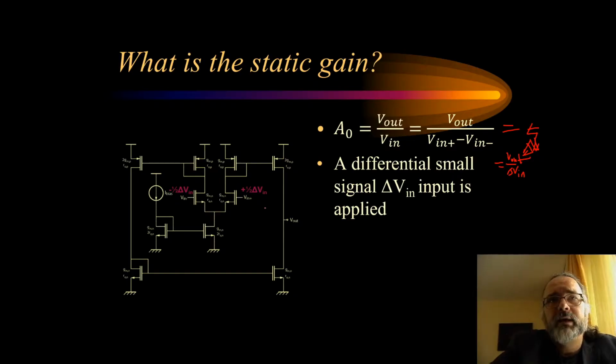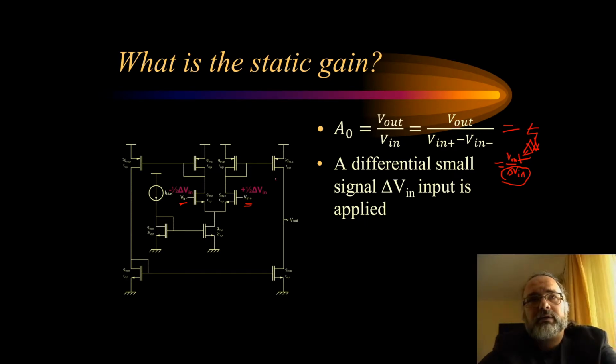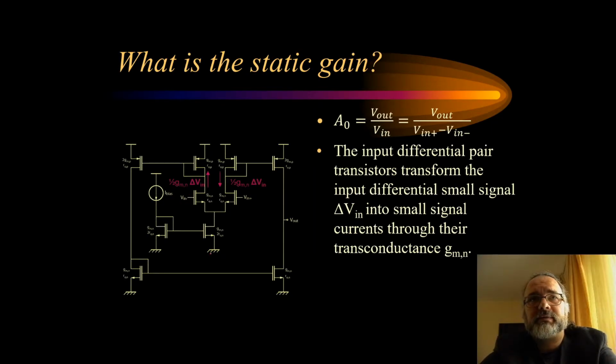Because this is differential, input half will be applied here, the positive input, and the other half will be applied at the negative input. If you subtract these two, you'll get directly the delta V in. So you provide half of the delta V in here and the other half there with the opposite signs.